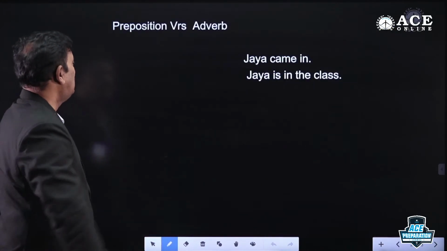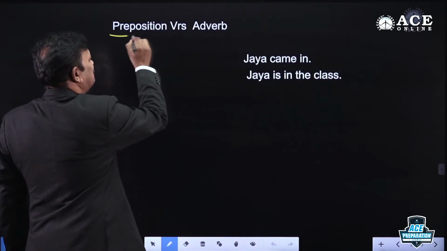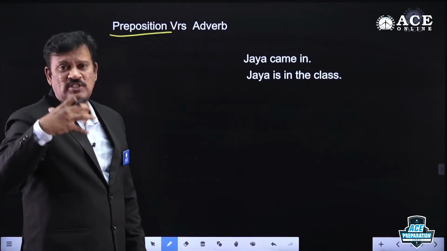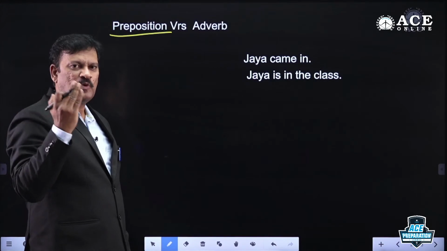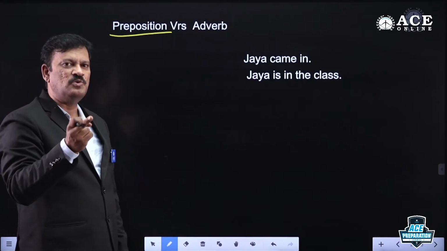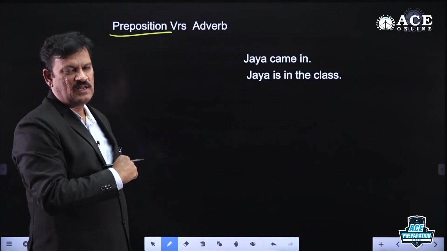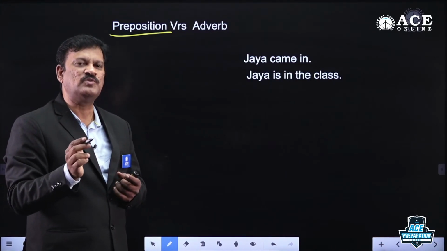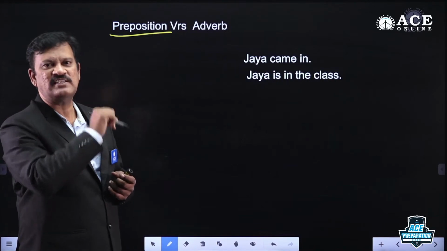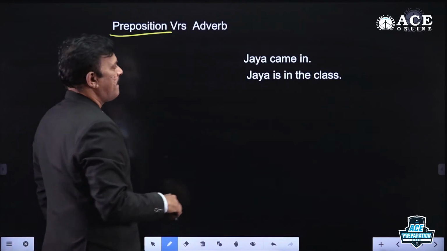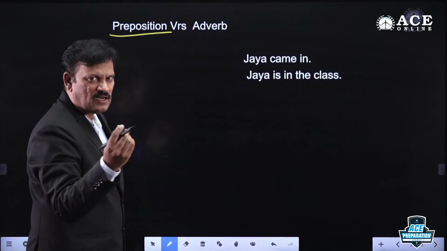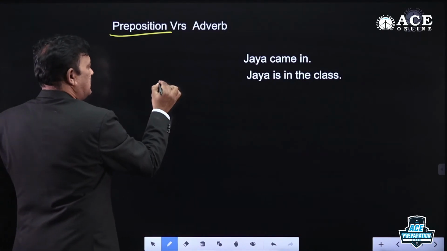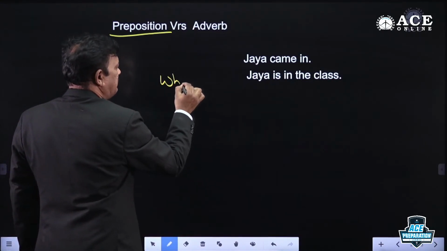Fine. Again guys, we have standard words which are used as prepositions. Preposition can be used as a preposition, but sometimes a preposition can also be used as an adverb. You have to identify this. What is the technique? Check it out. First, let me give the point, then we'll come back. I told you this. I repeat.